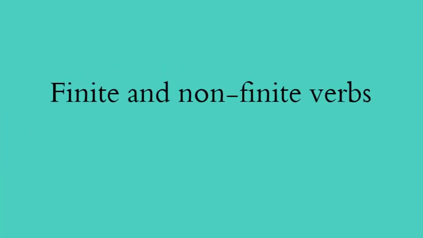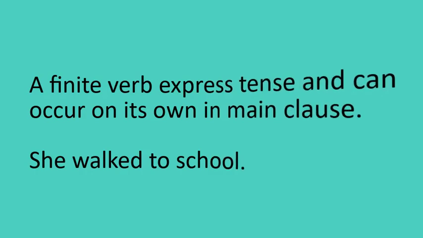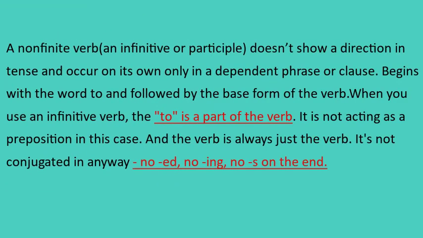Finite and non-finite verbs. Finite verbs show tense and can occur on their own in a main clause, like she walked to school. A non-finite verb, an infinitive or participle, doesn't show tense and occurs only in a dependent phrase or clause.